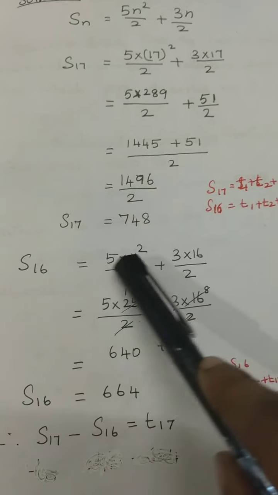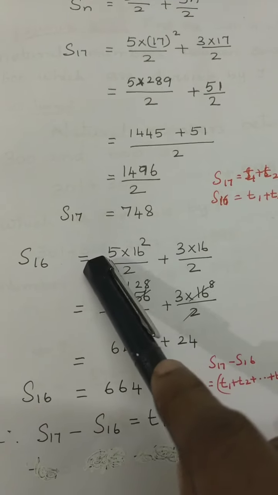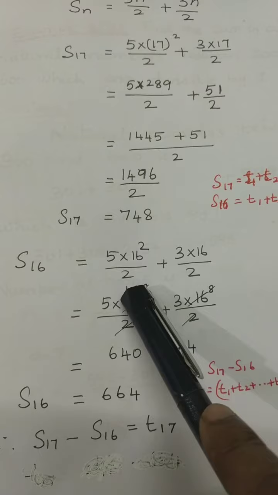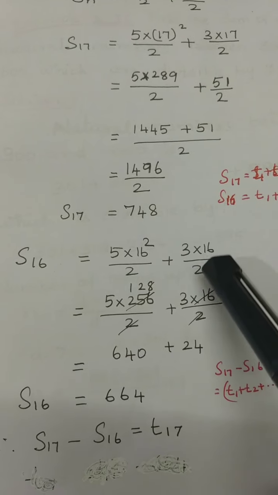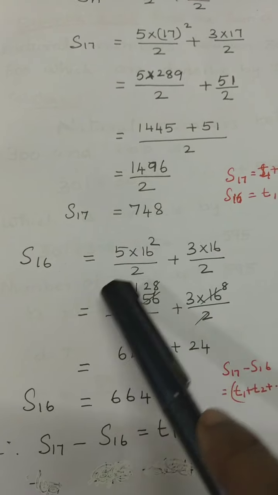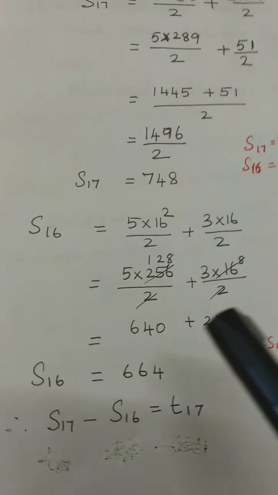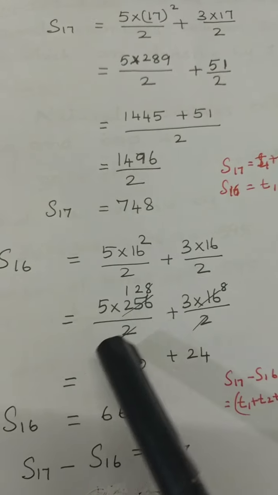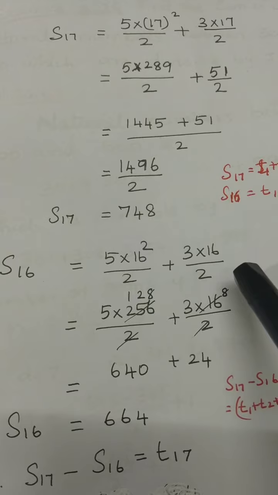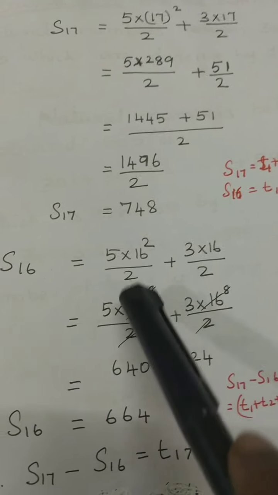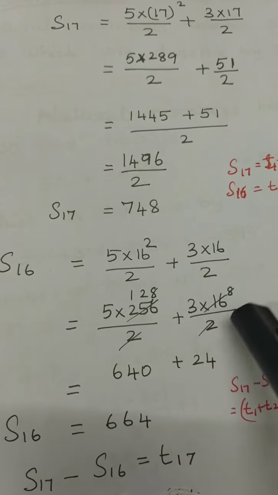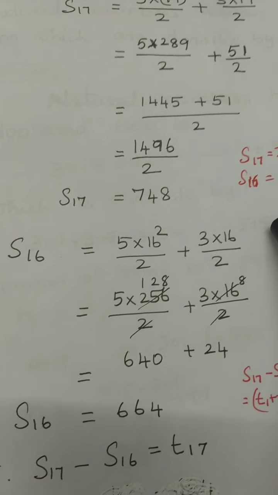Same, in place of n, you are substituting 16. Then 5 into 16 square by 2 plus 3 into 16 by 2. Okay, then 16 square is 256. So 5 into 256 by 2, 3 into 16 by 2. We are cancelling these two, 128, then 2 and 16, 8.